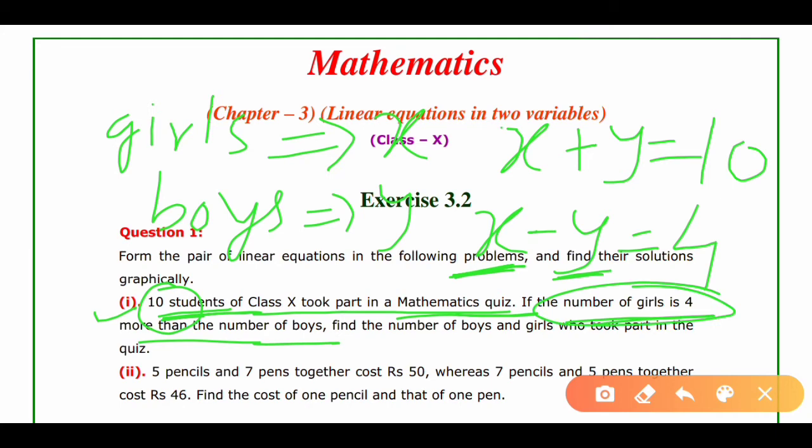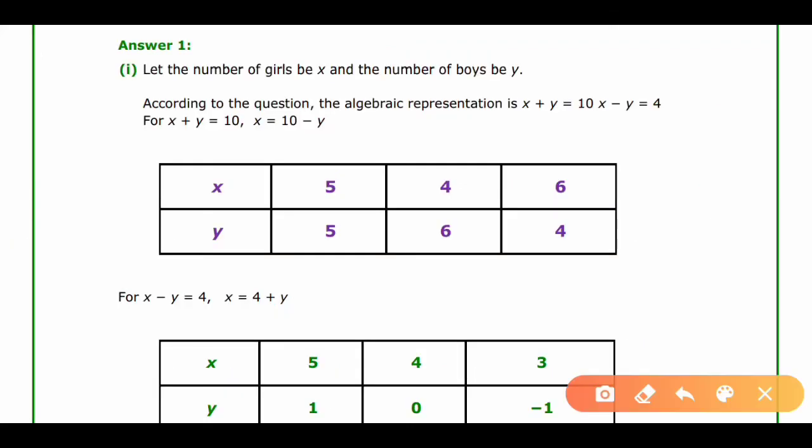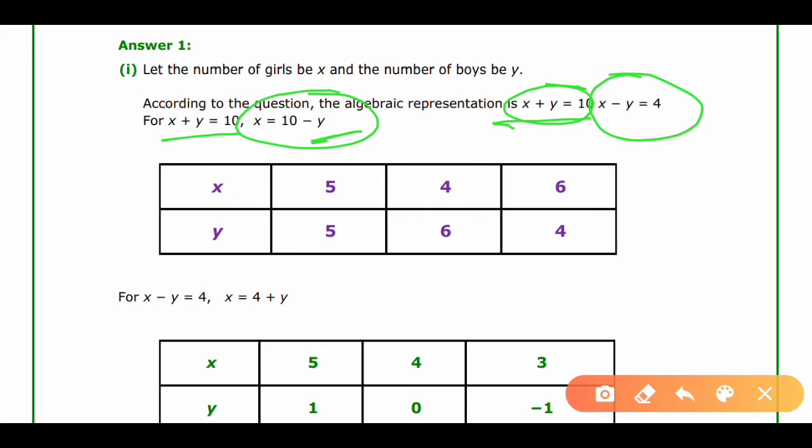Clear? So we'll get two equations here. We'll solve these equations graphically. The first condition is X plus Y equals 10, and the second one is X minus Y equals 4. So from the first equation, X plus Y equals 10, we can find the value of X: X equals 10 minus Y. Now randomly we'll put values of Y here.